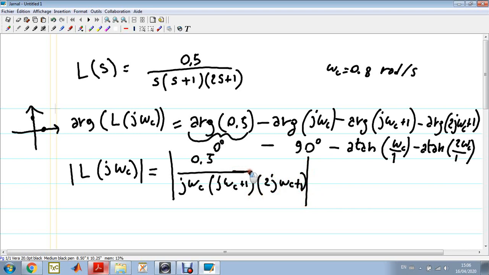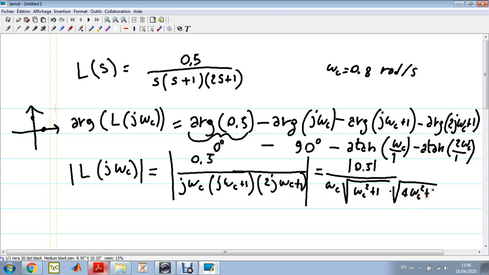If you want to work out the computation in the complex domain, that's fine, you will have a complex number with a real and imaginary part, or otherwise you can just take the modulus one by one, so just 0.5 divided by the modulus of j omega c, so omega c, times the square root of omega c, imaginary part squared plus real part squared, doesn't change anything, again, times this guy over here, 2j omega c, so 4 omega c squared plus 1. There you go.